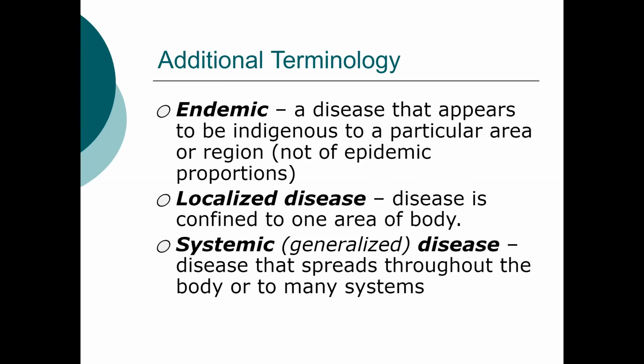All right, because once again, a brown recluse bite is localized. Black widow, their bite is systemic. Okay, so when we talk about a disease process that just impacts one area of the body, that is a localized disease. But a disease like diabetes has a tendency to impact many different body systems.